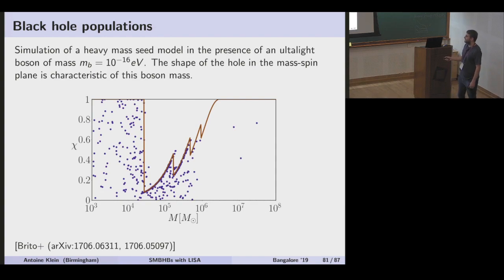So this curve, the maximal spin for when you are outside your superradiant instability depends on the mass of the black hole, and it depends on the mass of the boson.